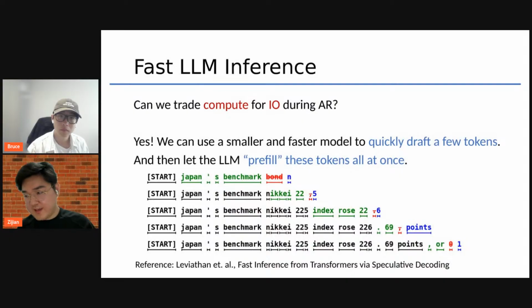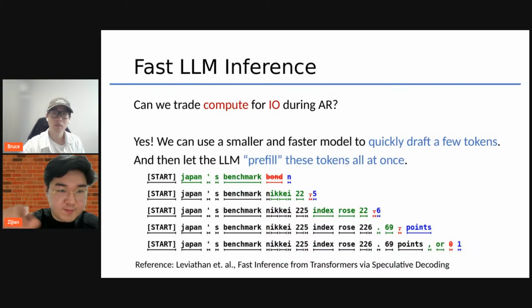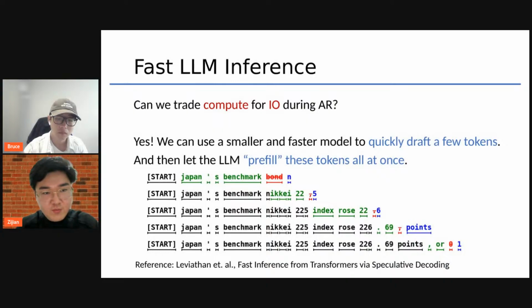So the idea is that during the decoding stage, we can ask a much smaller model to very quickly autoregressively predict a number of tokens, let's say 5 or 6 at a time. Because the draft model is small, it can usually draft tokens very quickly. Then we ask a large model to do a mini prefilling of these 6 tokens to figure out their augmented matrix all at once.